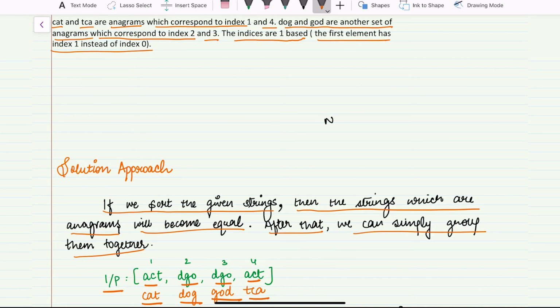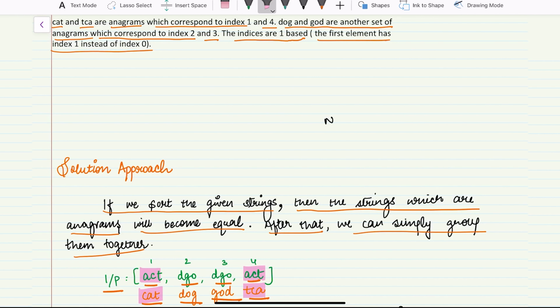Now we know that a group of anagrams can be represented by a key, which is nothing but the string we get after sorting the characters present in those strings, right? So here both cat and tca are anagrams and they can be represented by the string act. This we have got after sorting the characters present in them.